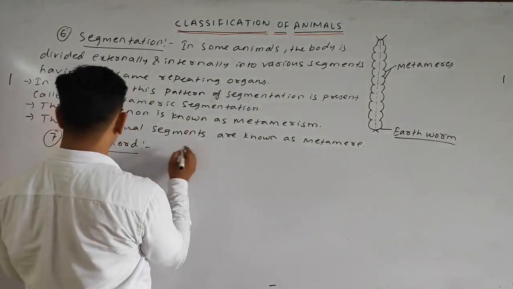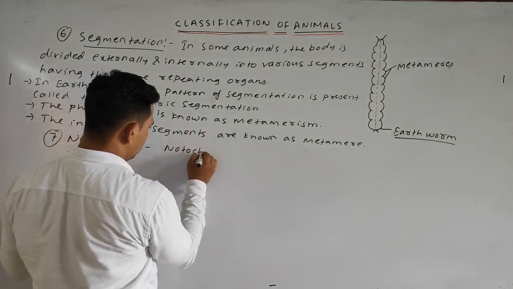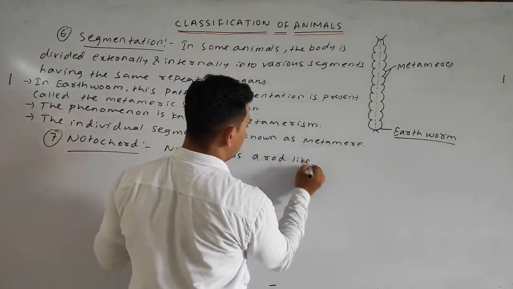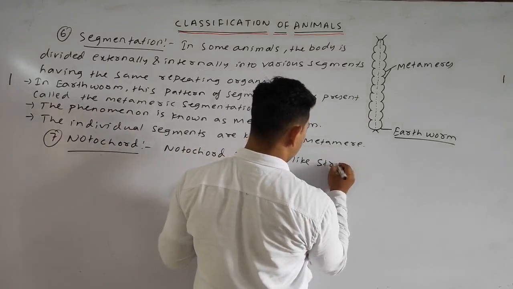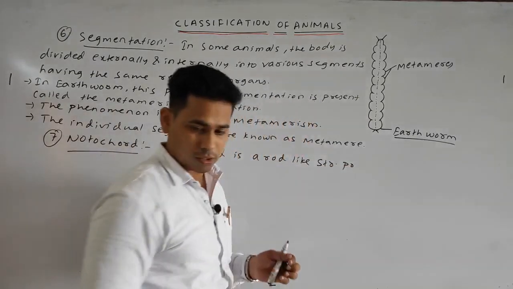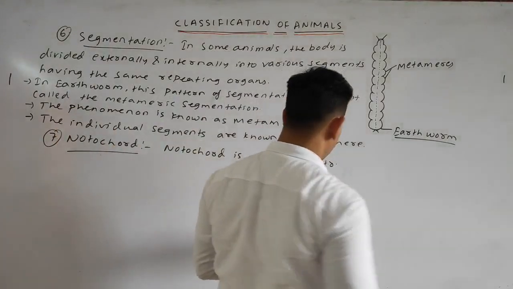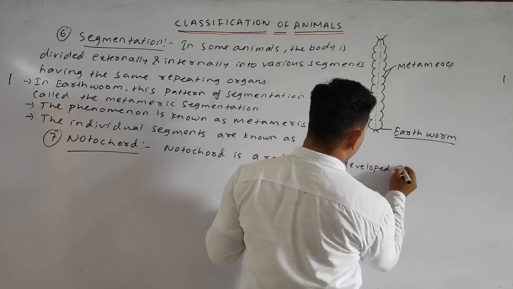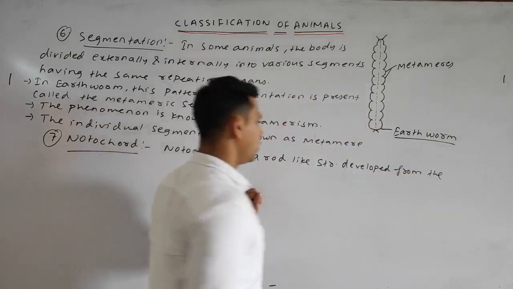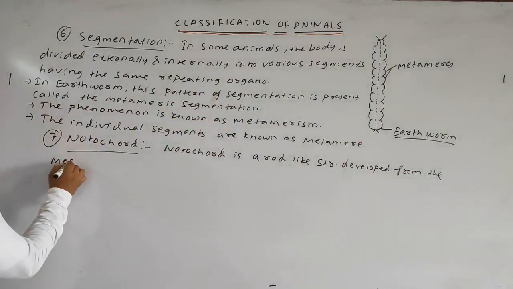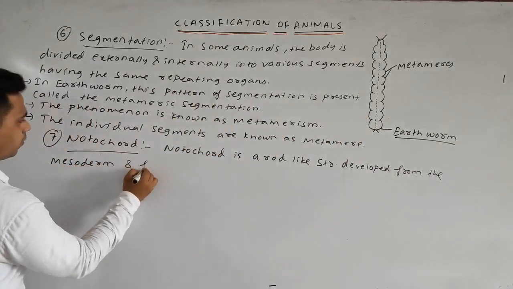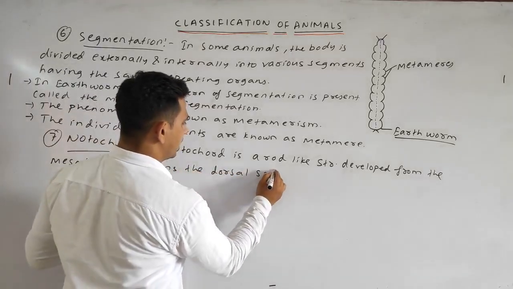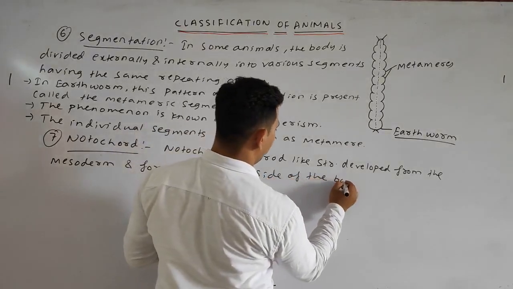So notochord is a rod-like structure developed from the mesoderm and forms the dorsal side of the body.